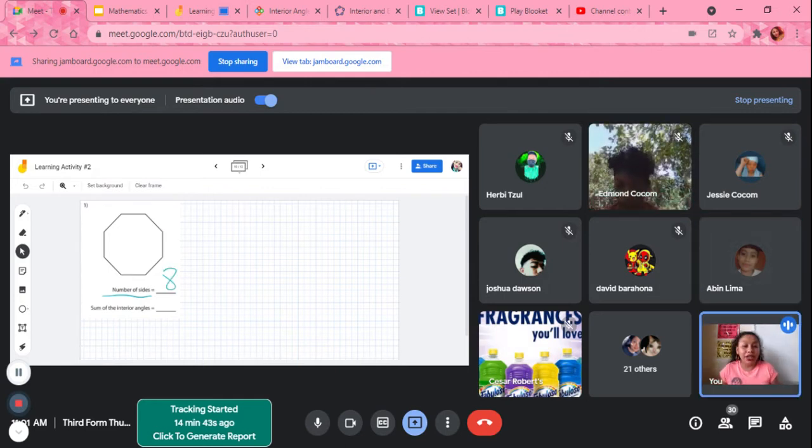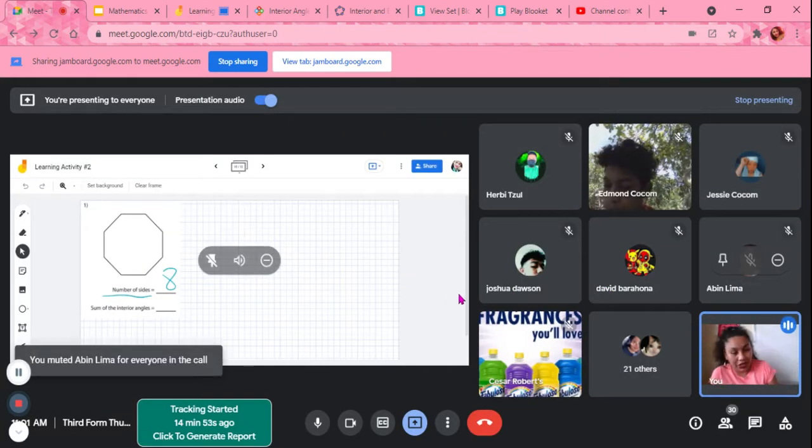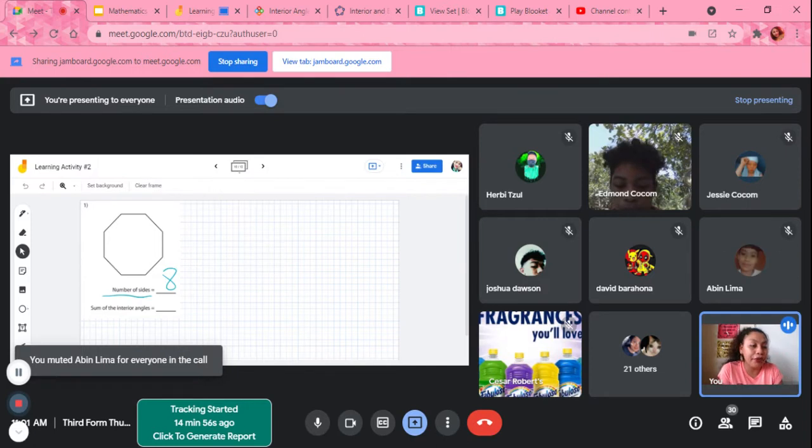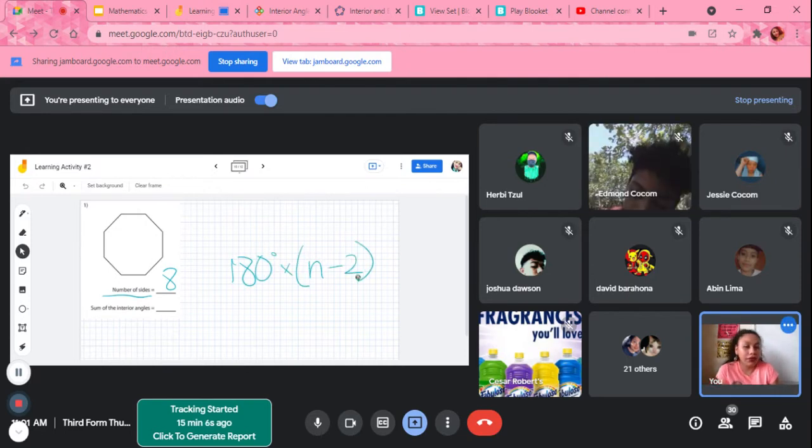And now where the working comes into play is for calculation of the sum of the interior angles. I will use the formula that the theorem gives me. The formula says 180 degrees times n minus 2. What is n? The number of sides. Very good, David.